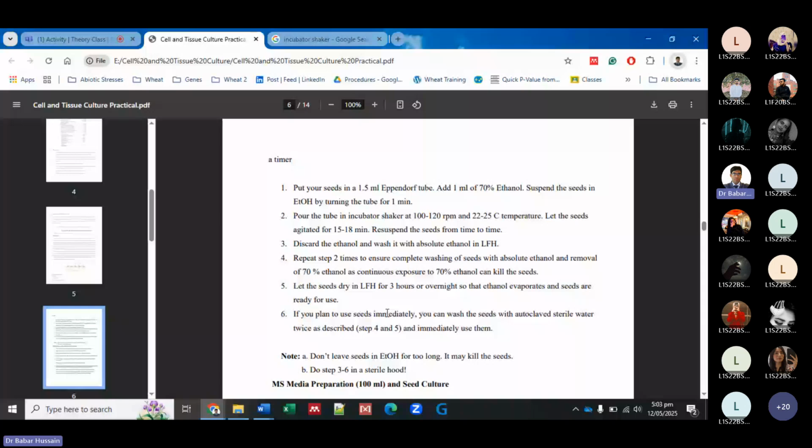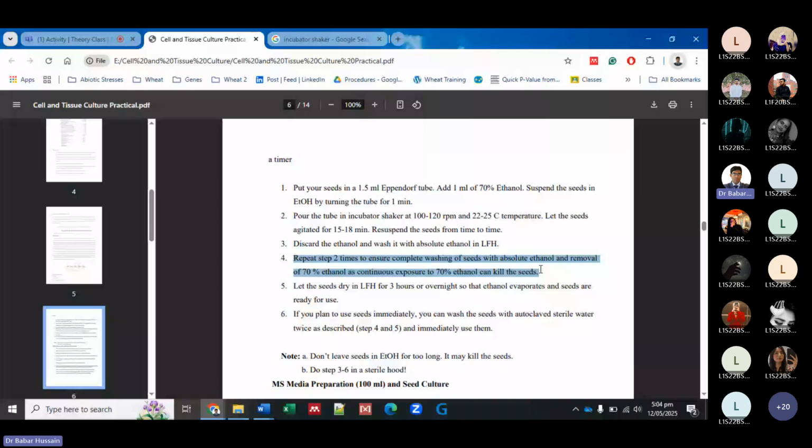So there is another situation. If you do not have a lot of time to wait, what you can do is in step 3, instead of absolute ethanol, you can use autoclaved distilled water, and you can wash them 2 times with the autoclaved distilled water, so that 70% ethanol is completely removed.